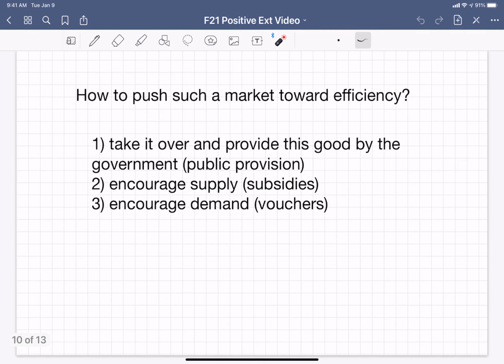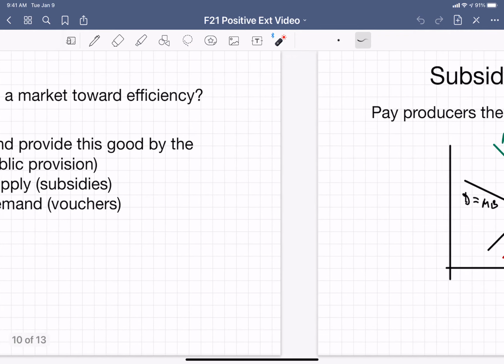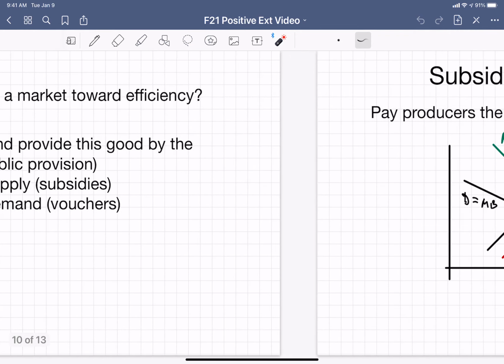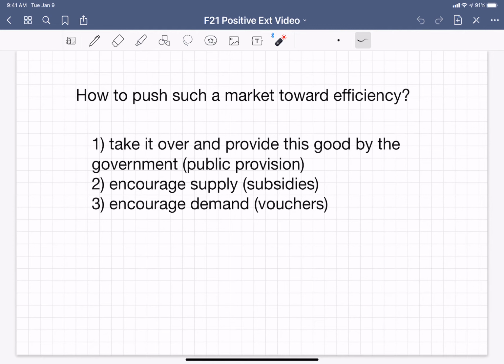And the next thing is to see how this problem can be solved, how efficiency can be restored, how to make those markets do what is right. Well, here's the list. The first solution is public provision. That's what is done in the area of education.